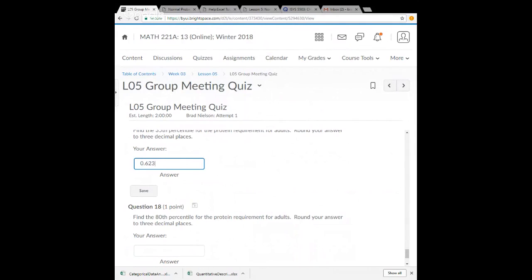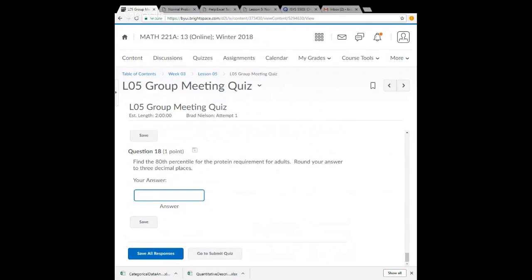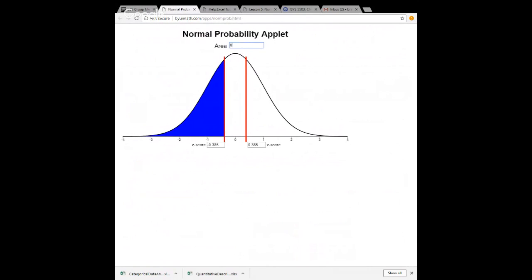0.623, right? Yep. Okay. So now if we do the same thing and we change to 80, now we've got 0.842. That's a positive. So we do x minus 0.65 over 0.07, right?